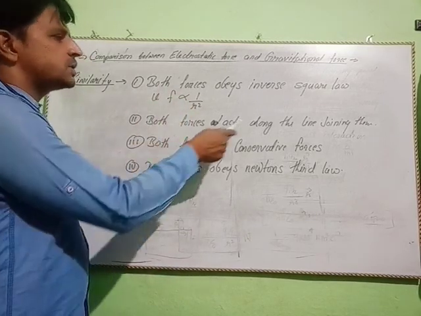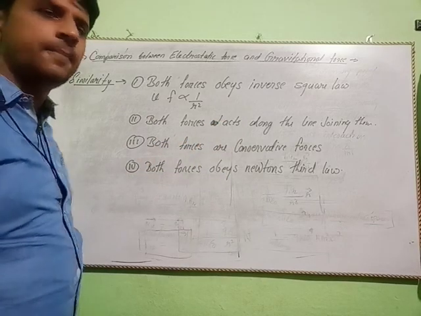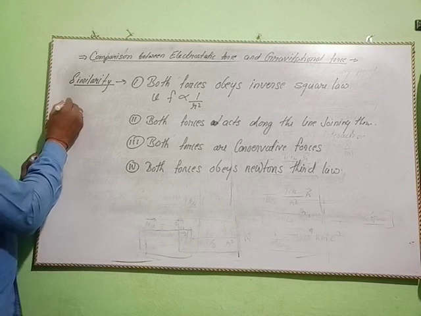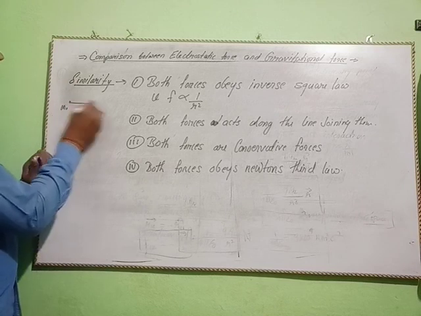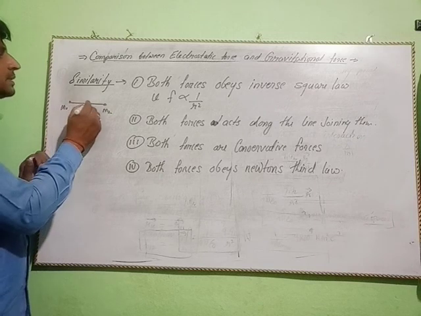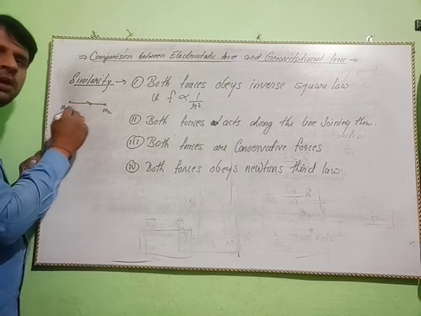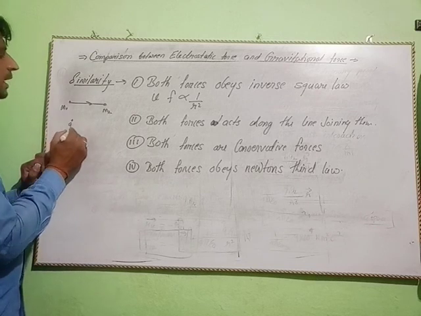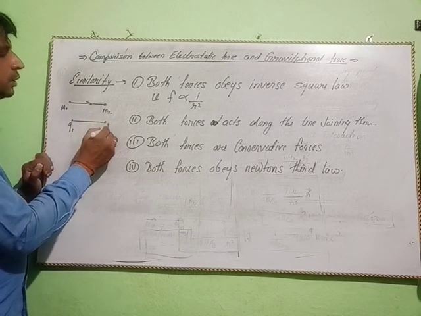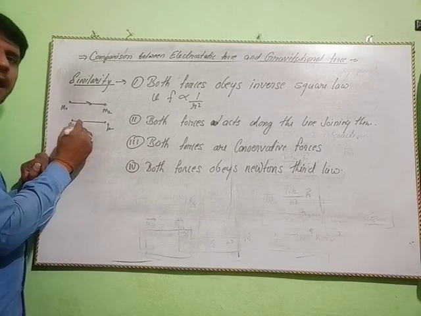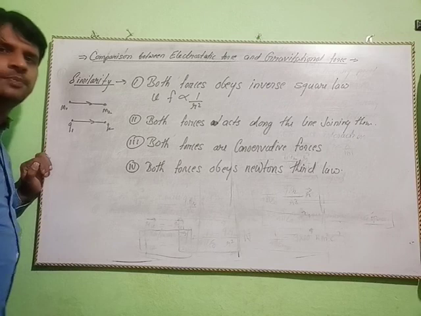Second, both the forces act along the line joining them. If it is gravitational force, there will be masses m1 and m2, and the force between them will act along the line joining the two masses. In the same way, if we have two charges q1 and q2, the force on them will act along the line joining them.